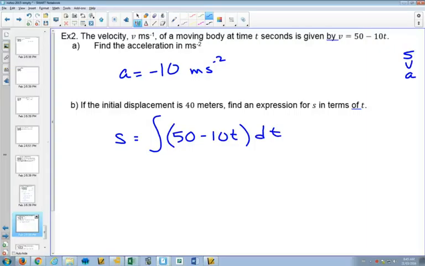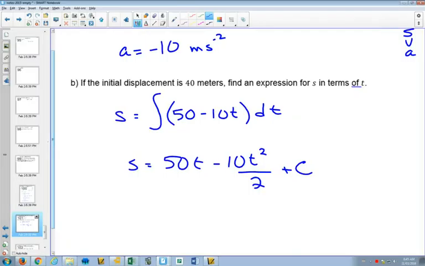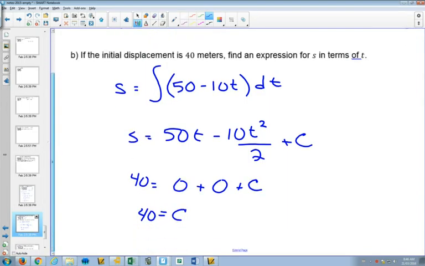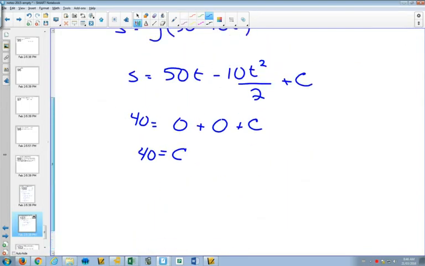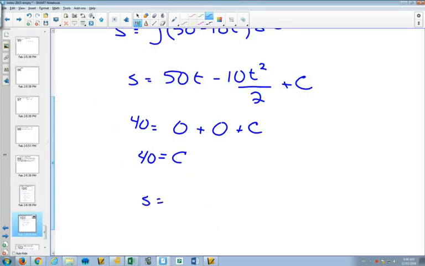We set it up and we just need to integrate. And when t is equal to 0, the initial displacement is 40. So now we can write our equation.